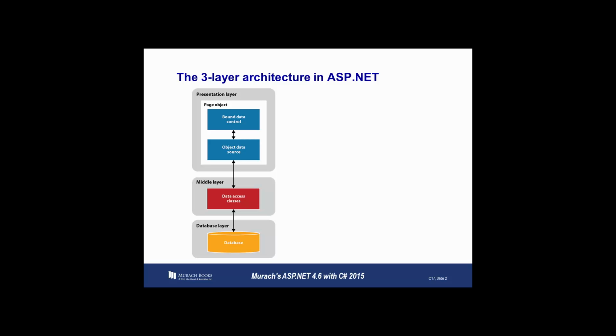This is your Java or your C# class files. And then you've got the same database layer. So what's the benefit of having 3 layers over 2? Well, you divide out the roles across more servers. So if you just have a 2-layer architecture, you've got a web server and a database server.